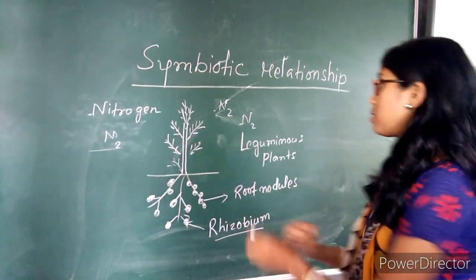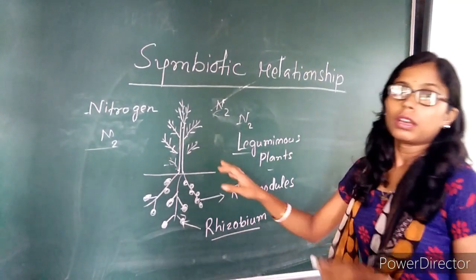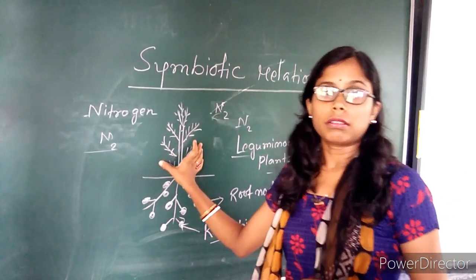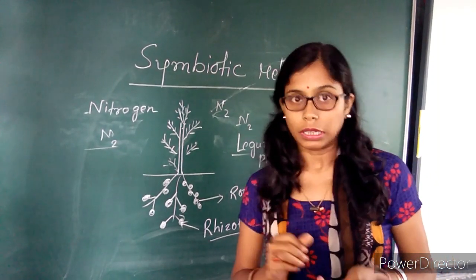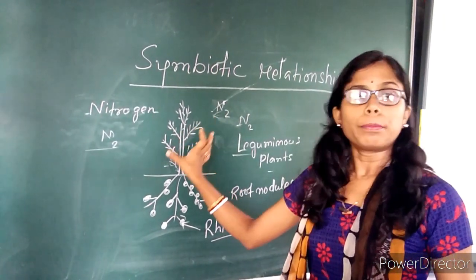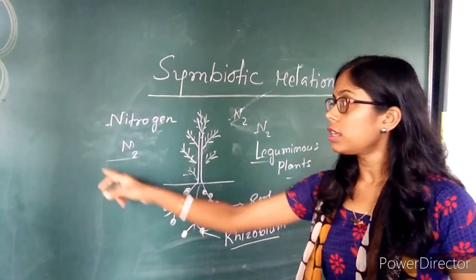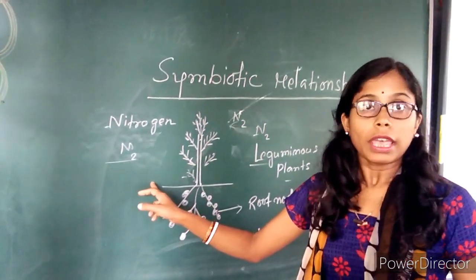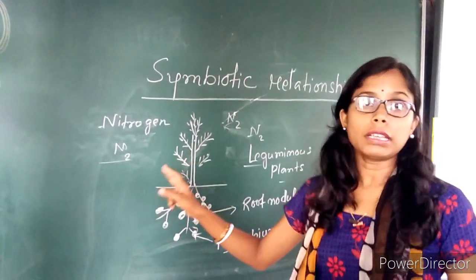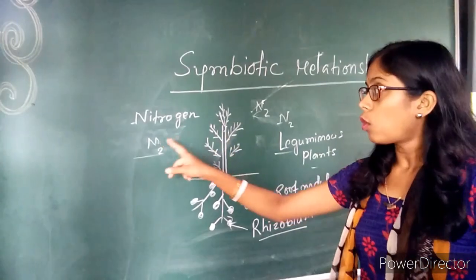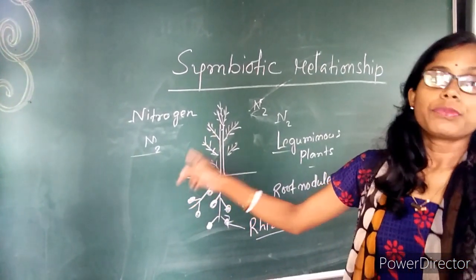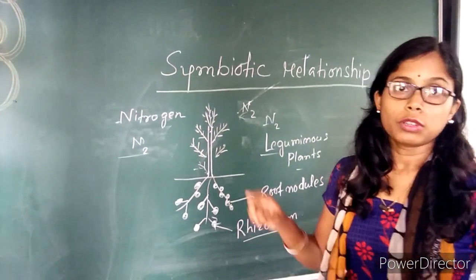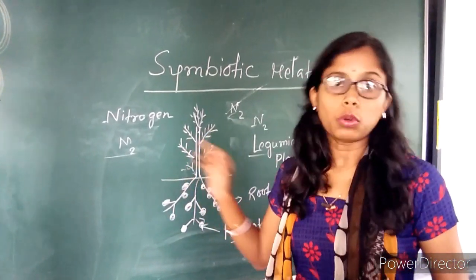This is a leguminous plant, and all plants need nitrogen to make protein. Nitrogen is present in the atmosphere. The difficulty is that plants cannot absorb this atmospheric nitrogen. Plants need soluble nitrogen for their growth.